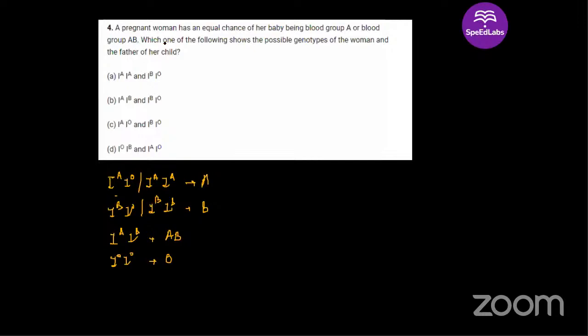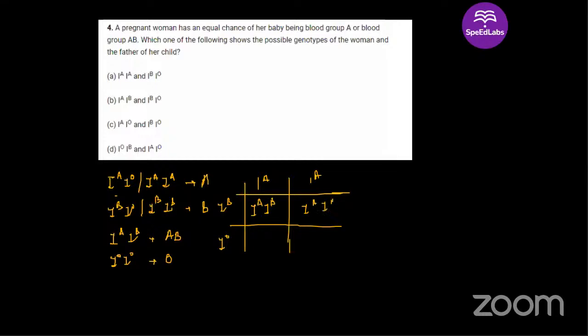So all of you have given me multiple answers. Let's start with option A. If I draw a Punnett square for option A, these will be my results.